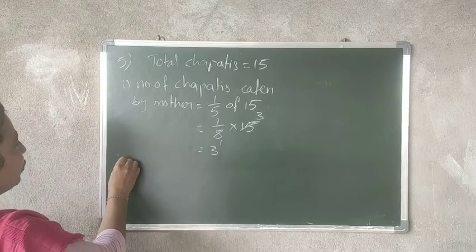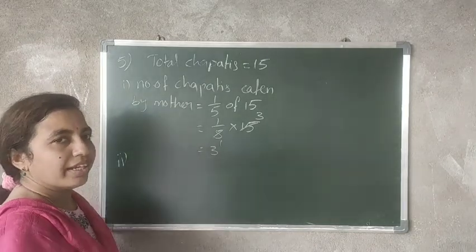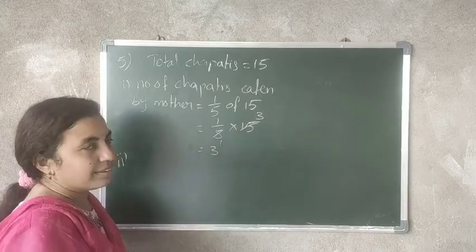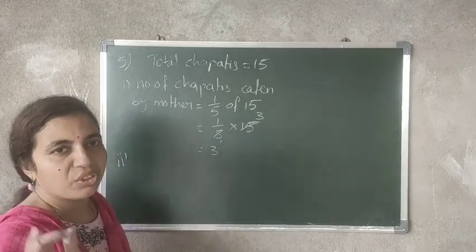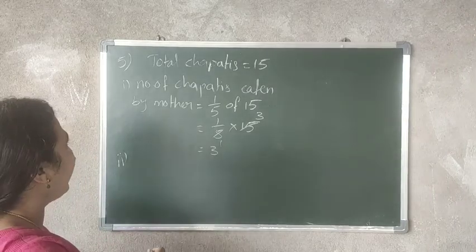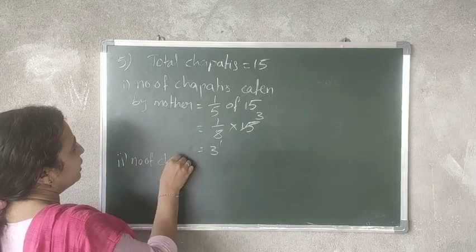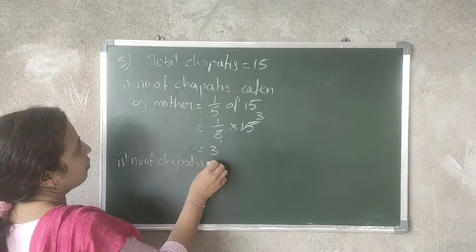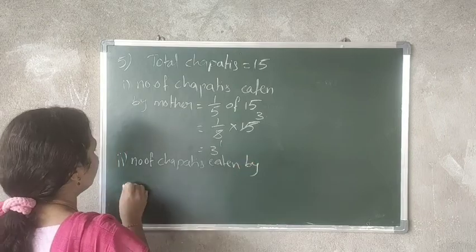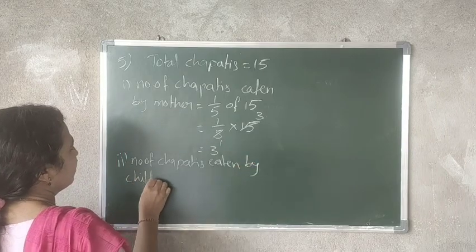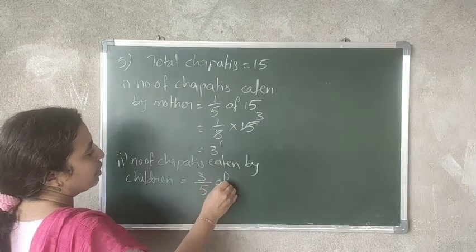Then you and your sister or you and your brother or you and your cousin, whoever it is at your home, the children. How many did they eat? Number of chapatis eaten by children was given as 3 by 5 of total chapatis.